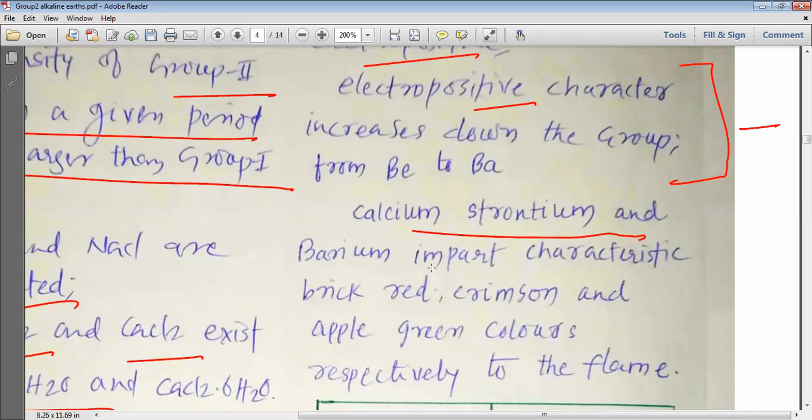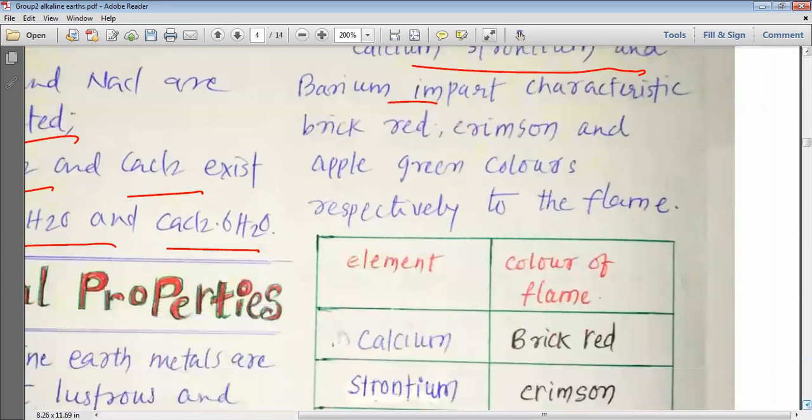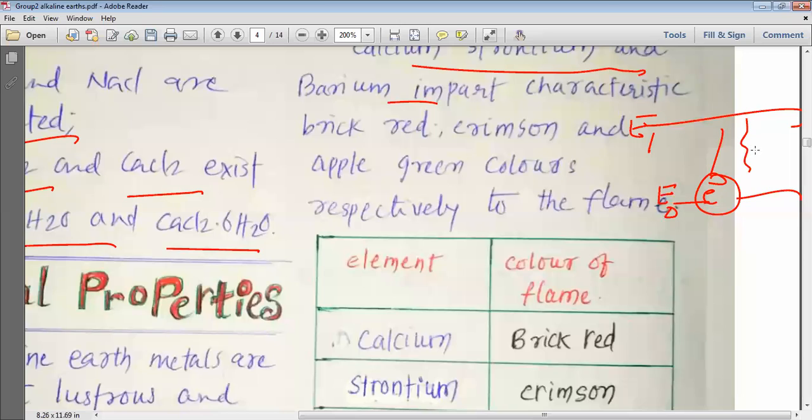Calcium, strontium and barium impart characteristic brick red, crimson and apple green colors. The electron present at the lower energy level goes to a higher energy level, and while coming back it radiates the energy in the form of light.